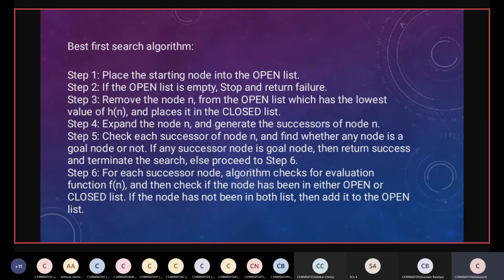Check each successor of node n and find whether any node is a goal node or not. If the successor node is a goal node, then return success and terminate the search, else proceed to step six. For each successor node, the algorithm checks the evaluation function f, and then it checks if the node has been in either the open or closed list. If the node has not been in both lists, then add it to the open list.